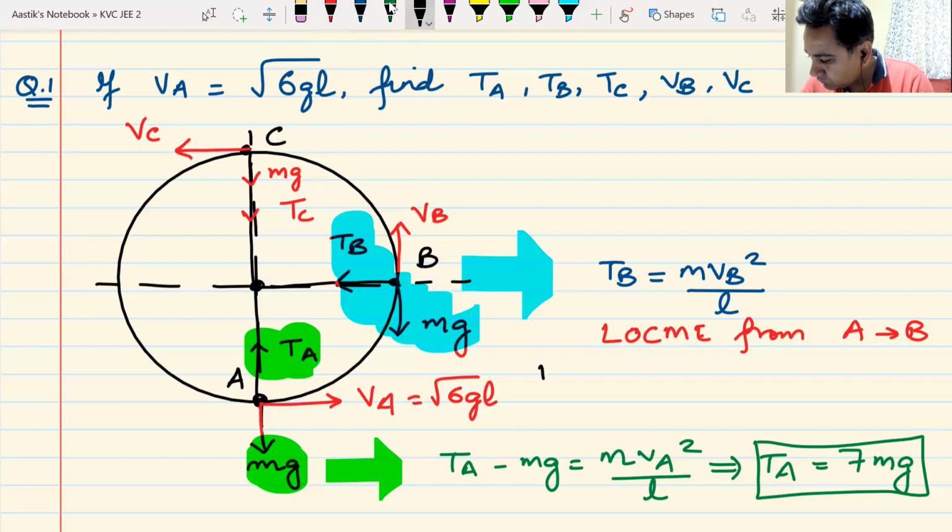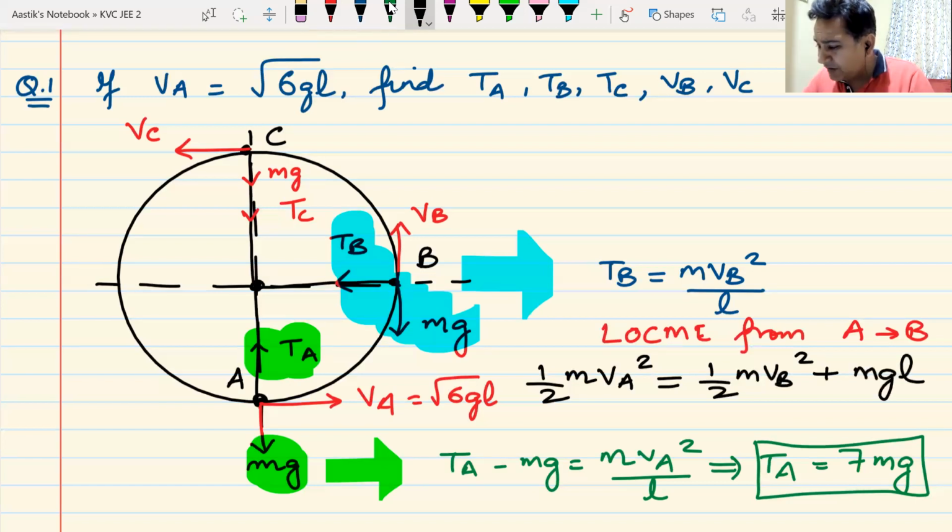Half mVA square equals half mVB square plus mgl. Half mVA square plus 0, let us forget about 0, will be equal to half mVB square plus the potential energy mgl. I know everything over here. I know that the velocity at point A squared is 6GL. I put the value over there, and from there, in a split second, I should be able to get the value of velocity at point B. What is the velocity at point B coming as?